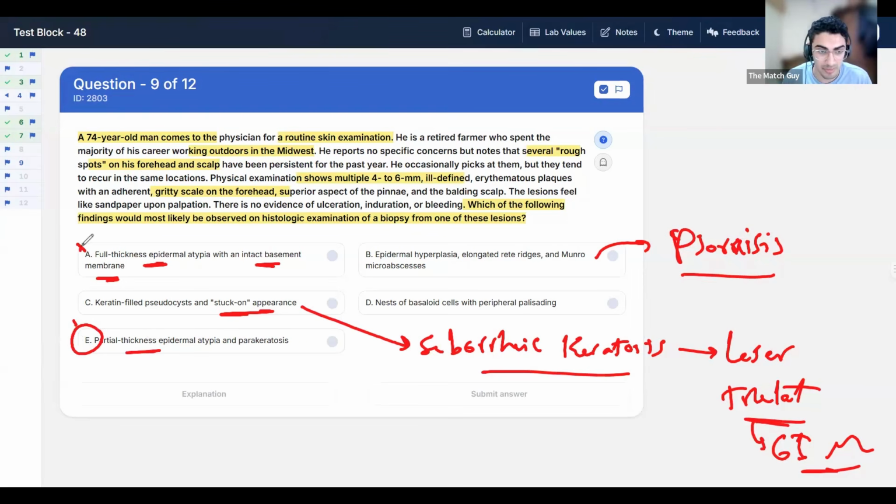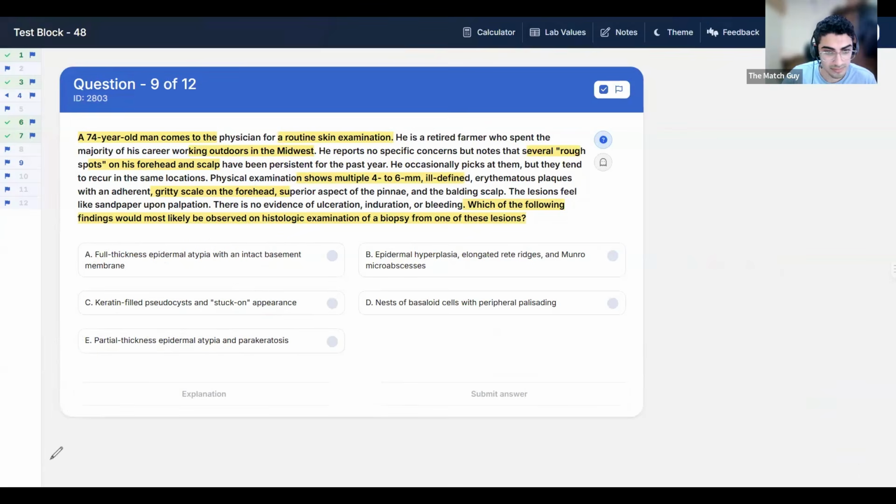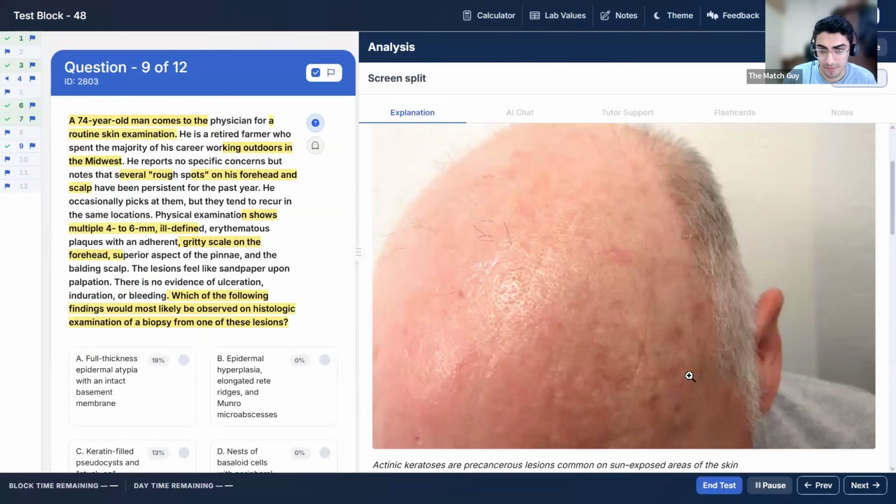Since he mentioned atypia, this could be a cancer, and it could be squamous cell carcinoma. So I would go with partial thickness. Okay, exactly, squamous cell carcinoma in situ. So I would go with that. Let's see. Nice. Okay.